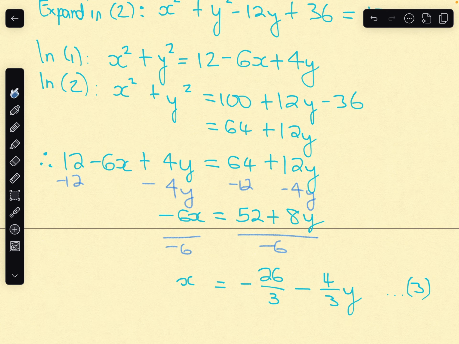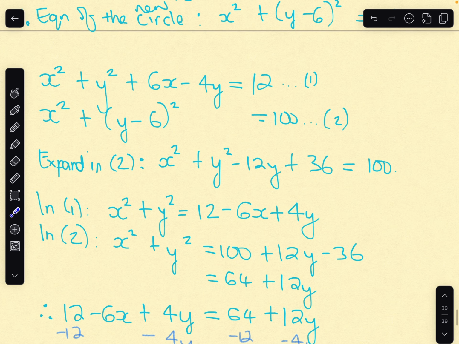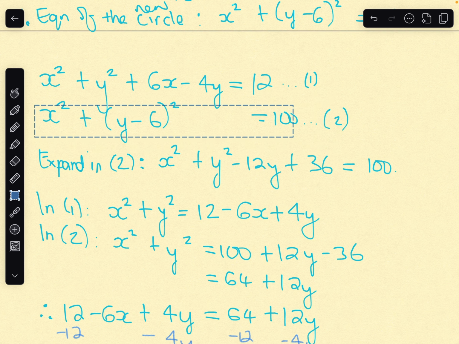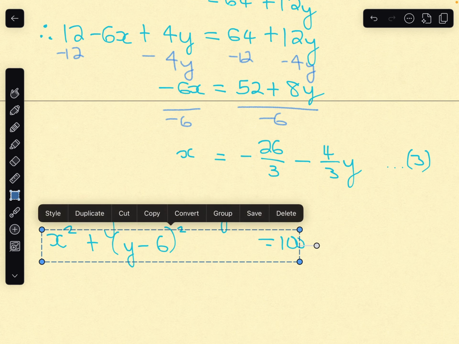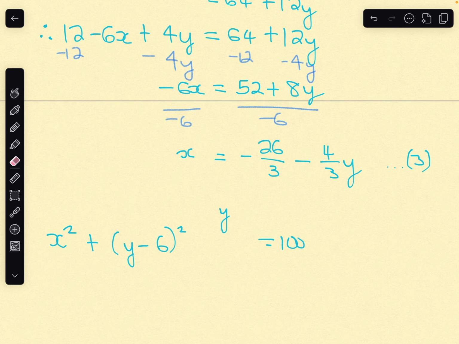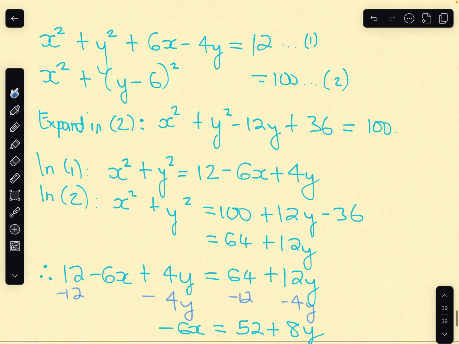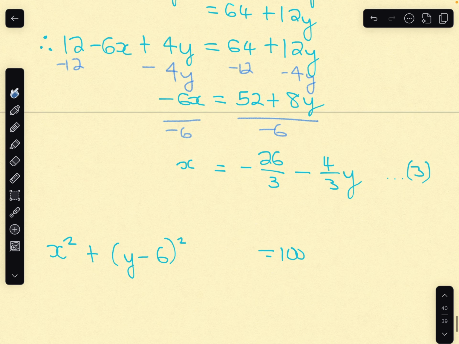So then I'm going to take that equation number 3 and I'm going to put it in here. Right, so sub 3 into equation number 2.